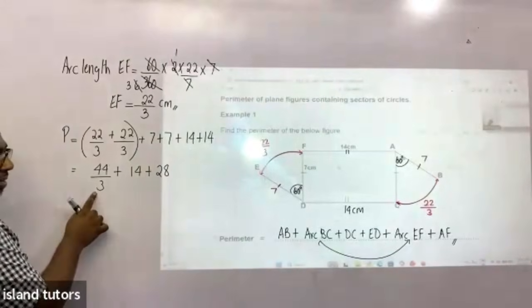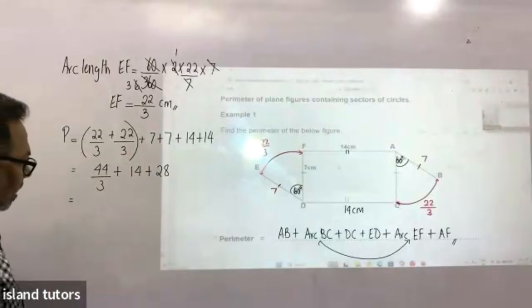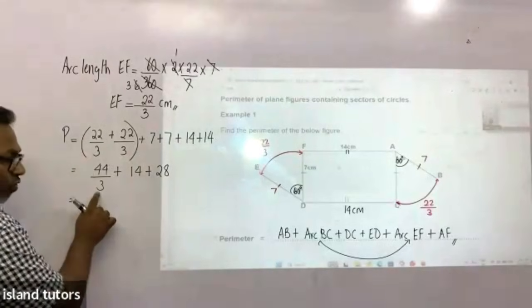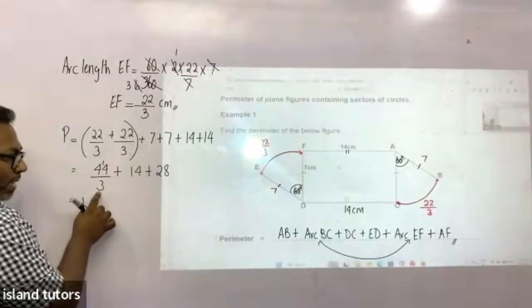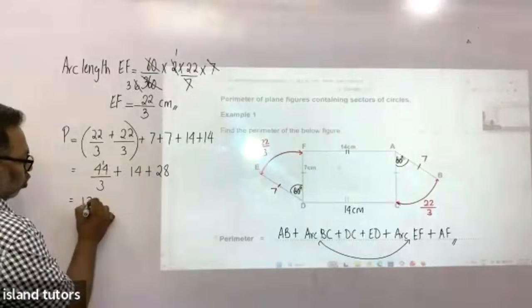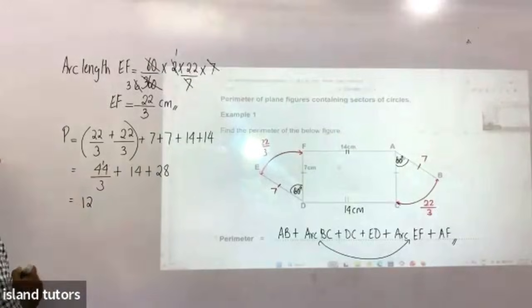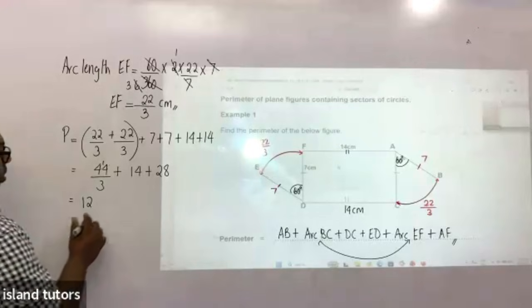Simplify. 44 divided by 3 is 14 with 1 remainder.